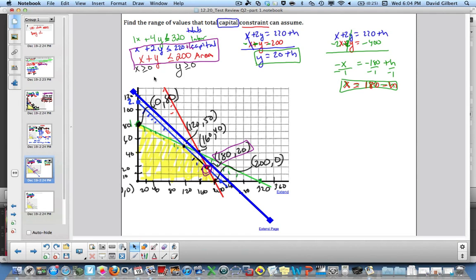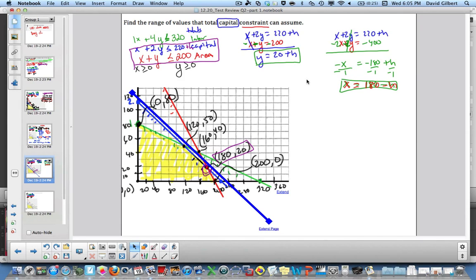Adding to this number increases the y-intercept, so I'm moving this up, which changes where the red and the blue lines meet. So if I add something to it, it moves it up a little bit. So now let's say I add a little bit. My coordinates of where they meet are new. Alright, and this is how I find the new coordinates. So wherever my new blue equation meets my red equation, this is the coordinates of that.